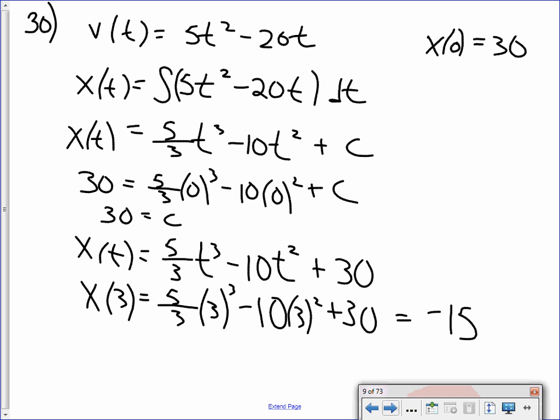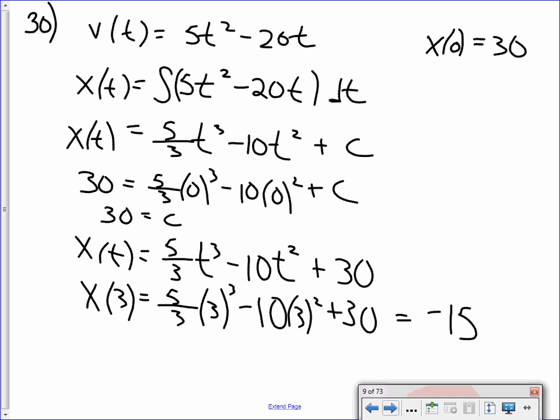Sometimes I use an x instead of an s. You just go with it. So I'm going to take the antiderivative of velocity, get position. That gives you a plus c. You have 5/3 t cubed minus 10t squared plus c. Use the point on the position graph they gave you. You plug in 30 for position and 0 for t.